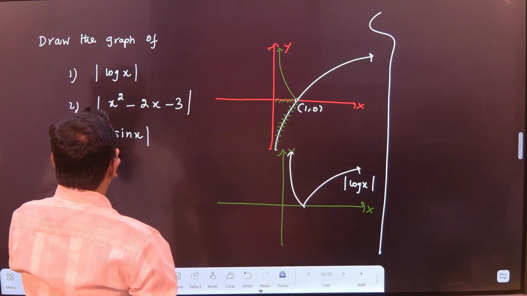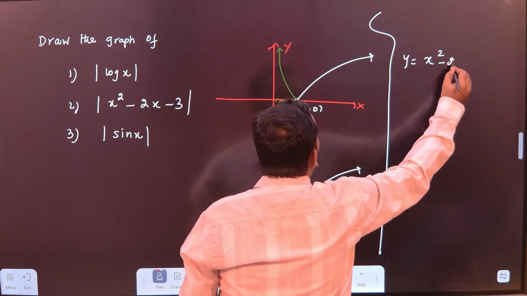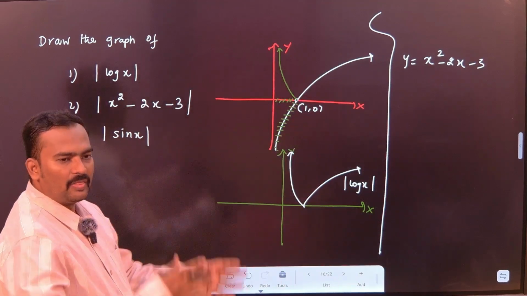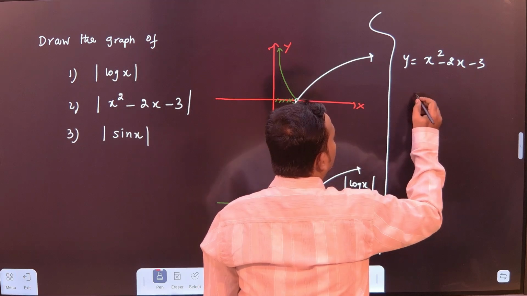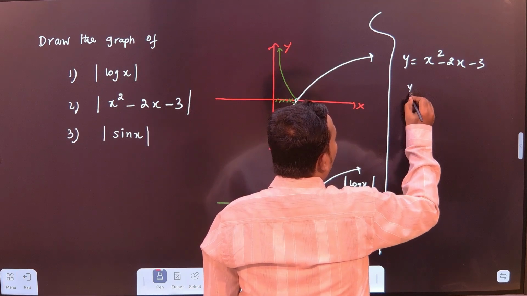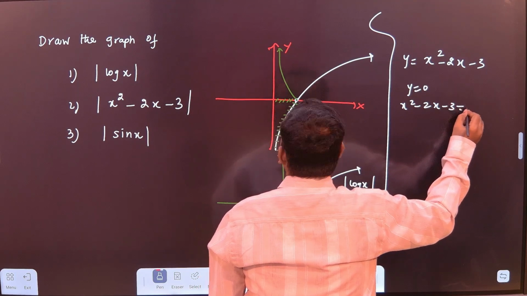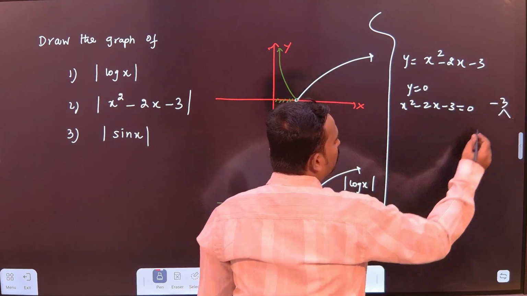What is the next graph? So y is equal to x square minus 2x minus 3, and then you can apply the modulus. This is a quadratic equation. First you can find the roots. Y is equal to 0, you can put x square minus 2x minus 3 equal to 0. The product is minus 3, the sum is minus 2.